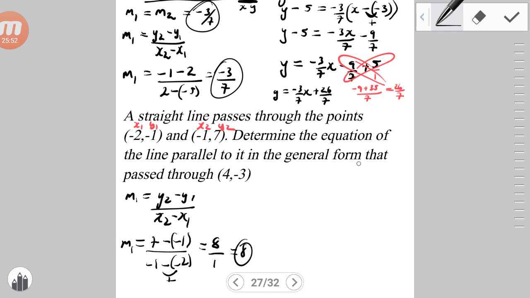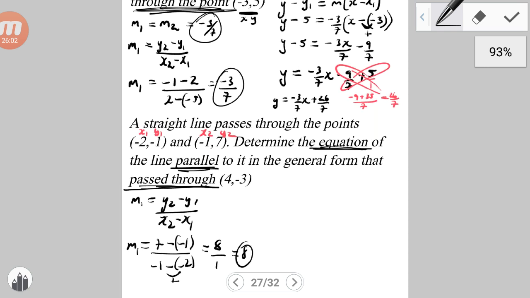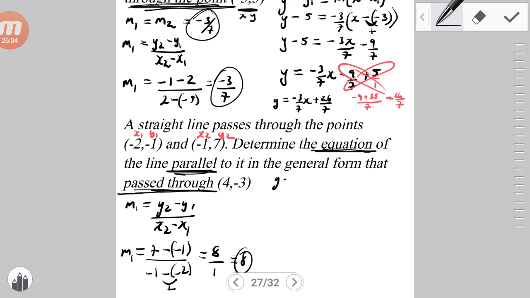All right, and then we see here that it's passing through. So we have already identified our key points: passing through, parallel, equation. Equation would simply mean that we're going to be using the form y minus y1 is equal to m times x minus x1. If you so desire, by all means, guys, continue working with y equals mx plus c.